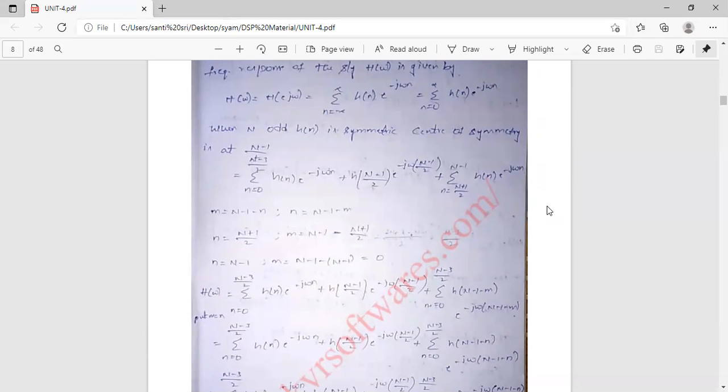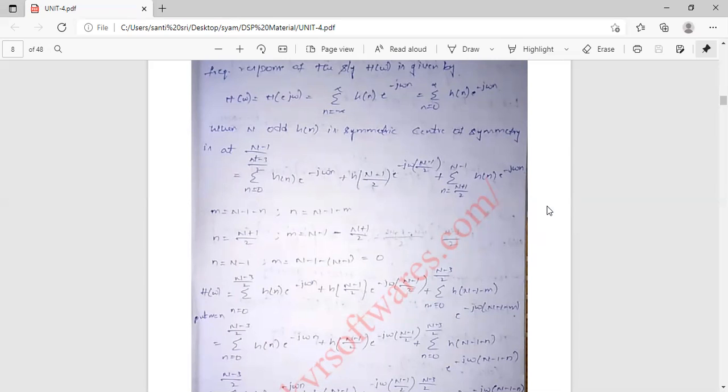So H(omega) equals sigma n equal to 0 to (N minus 3) by 2 of h(n) into e^(-j omega n), plus h((N minus 1) by 2) into e^(-j omega (N minus 1) by 2), plus sigma m equal to 0 to (N minus 3) by 2 of h(N minus 1 minus m) into e^(-j omega (N minus 1 minus m)).